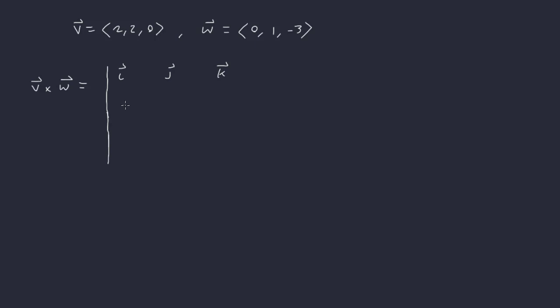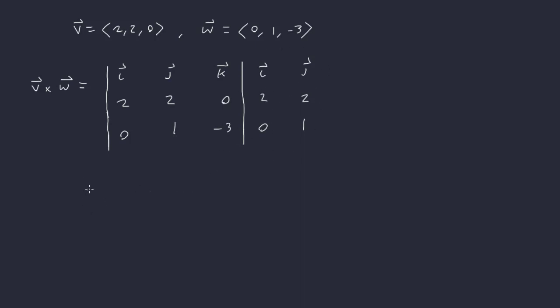Then we'll copy down V, so we get 2, 2, 0, 0, 1, negative 3. And then we'll copy down the first two columns again. You don't really have to do this part, but it doesn't hurt.